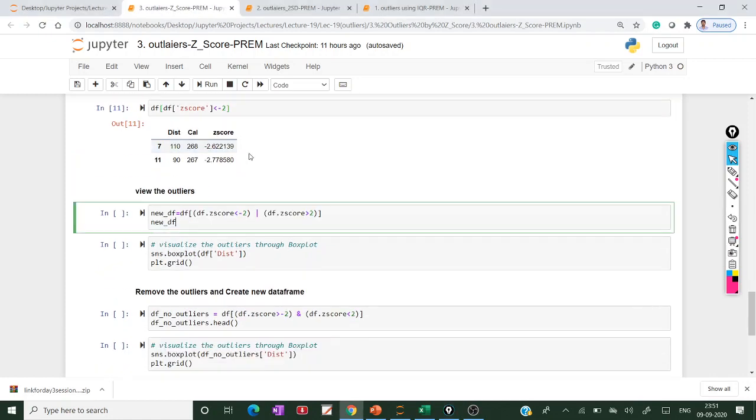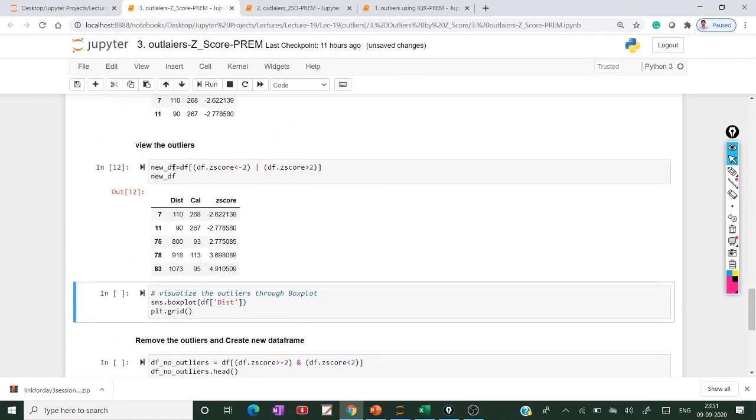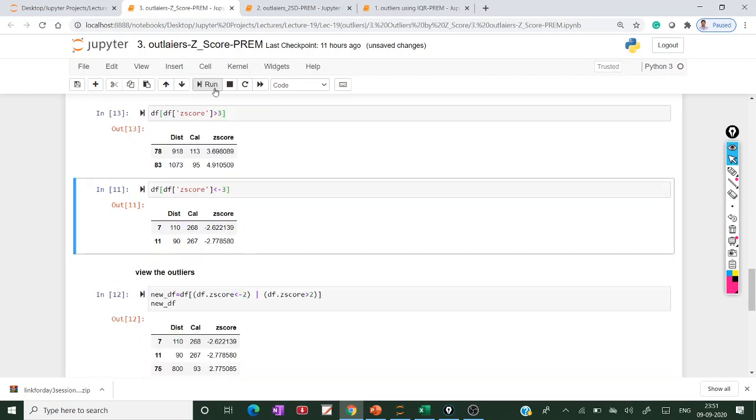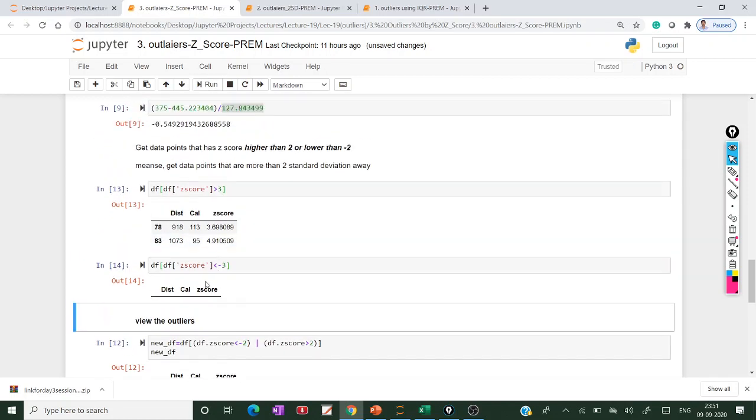So view the outliers, all outliers at a time, or individually, less than or greater than 2. Suppose here I am taking 3. So what are the outliers?